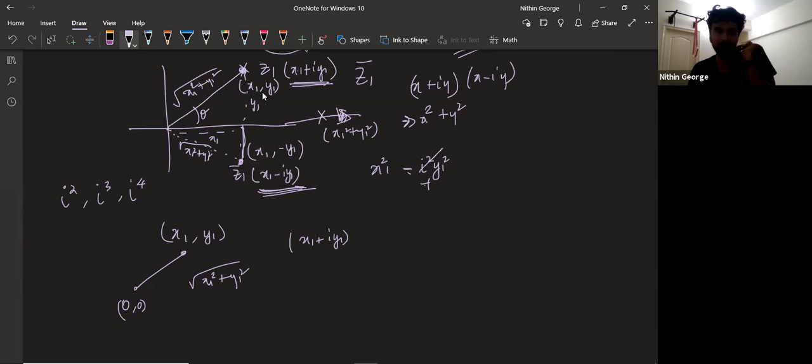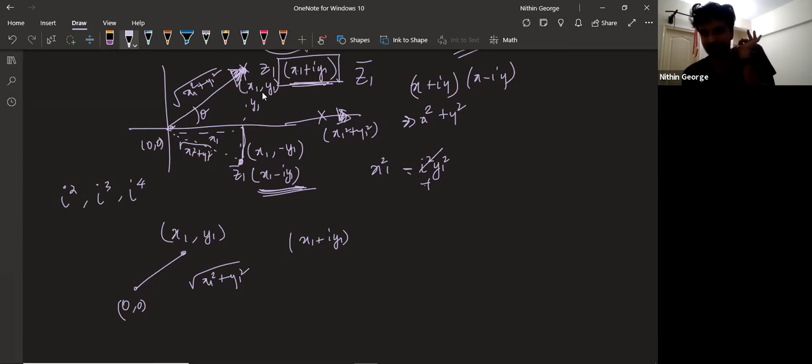Think of it like that. Or represent the line segment, or the ray, from the origin to this point, z1. Once you think of it as the ray from the origin 0, 0 to this point x1, y1, as the complex number x1 plus i y1, what do you have here? Exactly what she said right now.